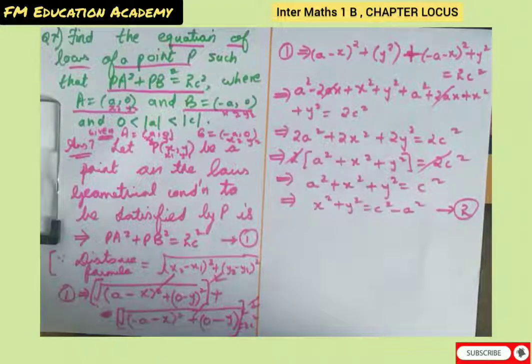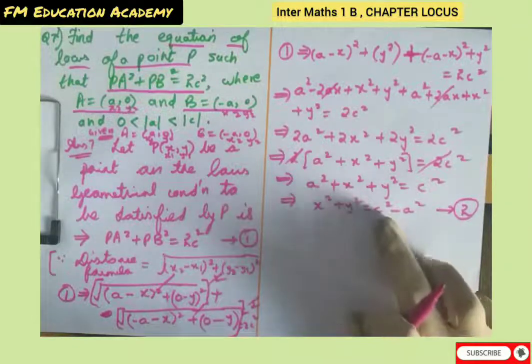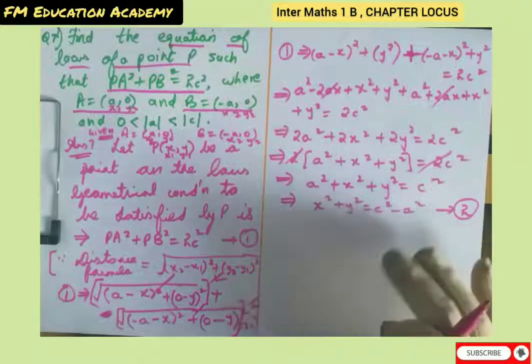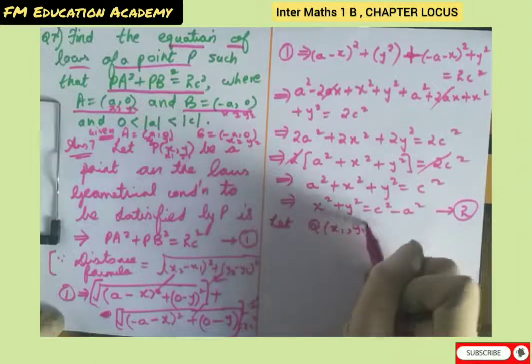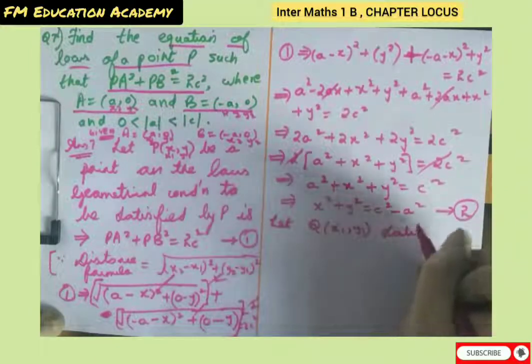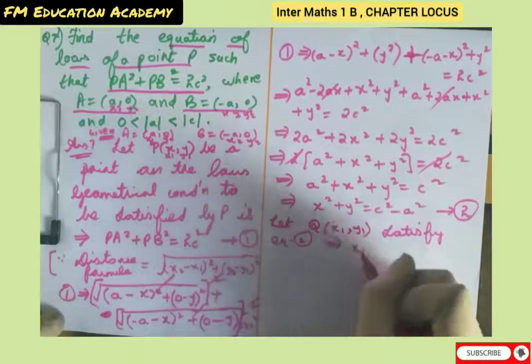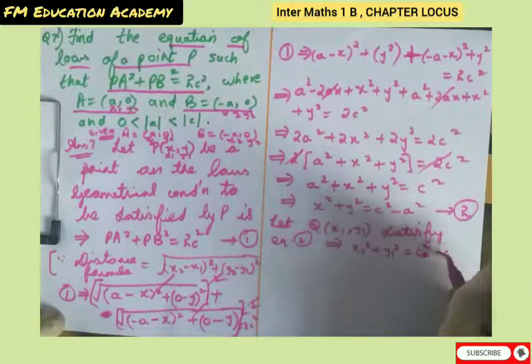Since this is a big sum and here c is also coming, no need to do verification. If you want, you can do verification also. So directly we can write, let q x1 y1 satisfy equation 2. So what will it become? X1 square plus y1 square is equals to c square minus a square. This is our equation 3.